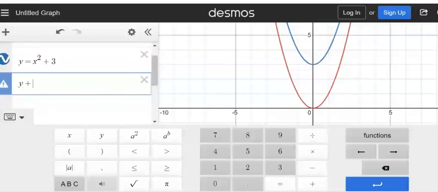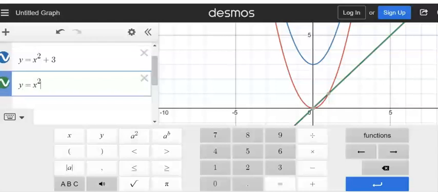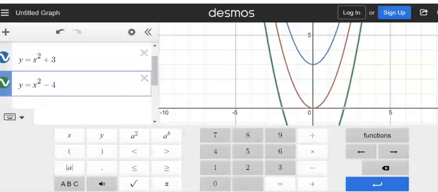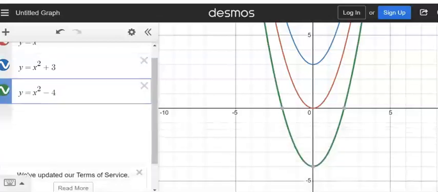Minus 4. Okay? What's this one here do? Shifts it where? Down 4, doesn't it? It's a vertical shift down 4. Any questions on that?